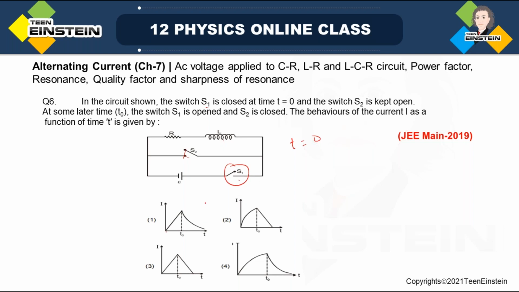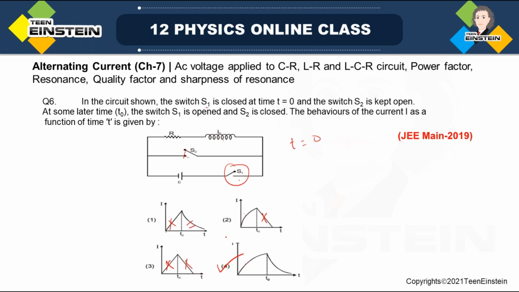So you can see which among these four is showing both exponential nature. These are linear. This is exponential, but this is only half of the thing. Here also this is exponential, but this is not. But in this case, both the increasing current and the decreasing current have exponential nature. Therefore this fourth option will be the correct answer for this question.